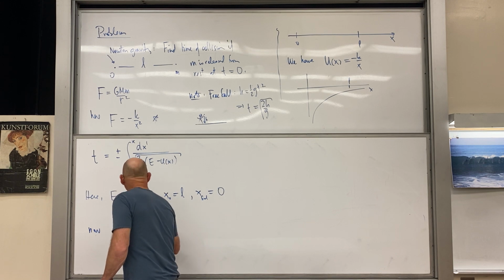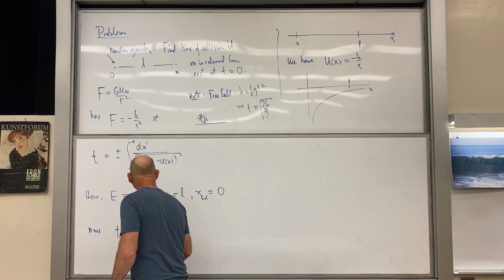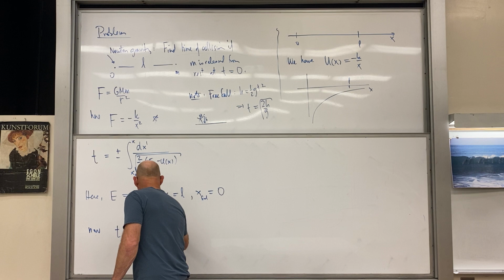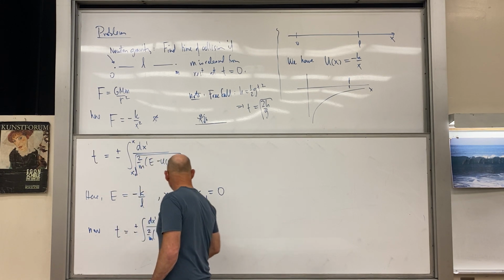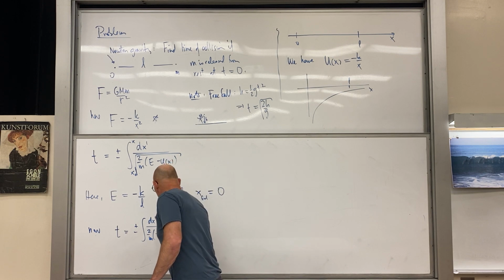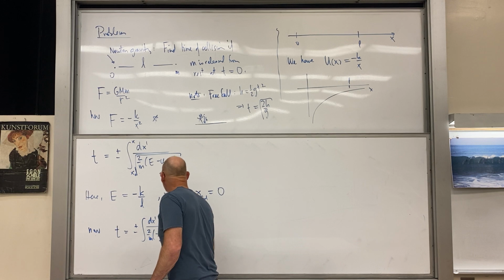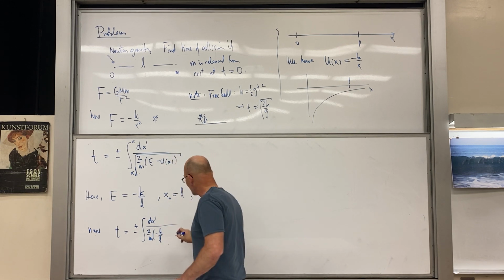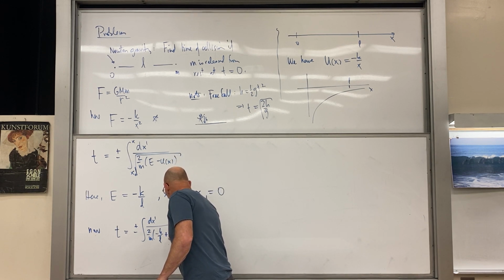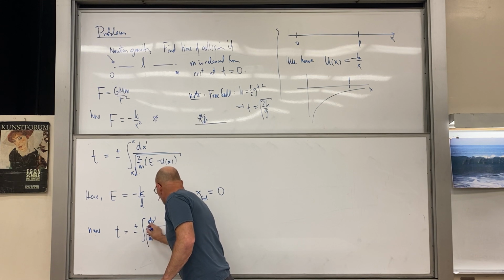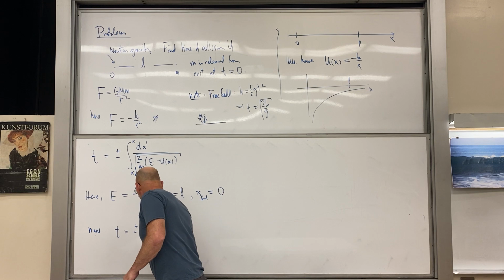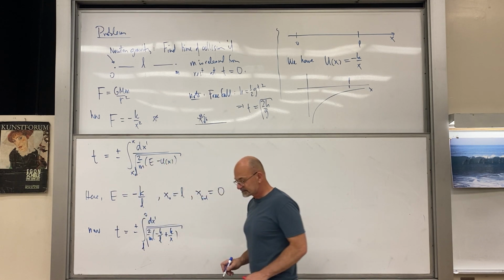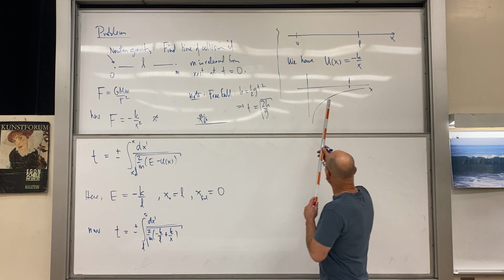We've got this plus minus root dx prime, 2 over m, energy minus k over L minus u of x, so that's minus a negative, plus k over x, square root, and we're going from L to 0. So here you can see what I was talking about, that formalism.